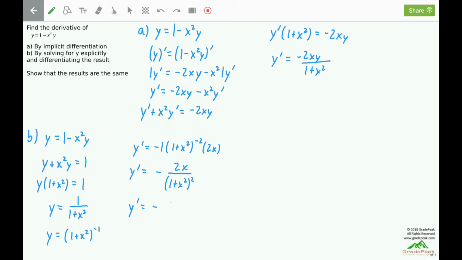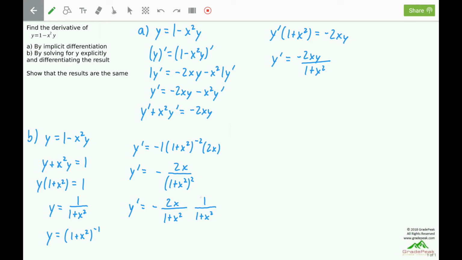What we can do with our derivative we just found, if we want to make it look like the other one, is separate the 1 plus x squareds apart from each other so that we have just the first power in the denominator, and we have a separate fraction. Now the numerator, we have a minus 2x, so we'll have a 1 in this numerator. These fractions will multiply each other back to what we had just resulted in for y prime.